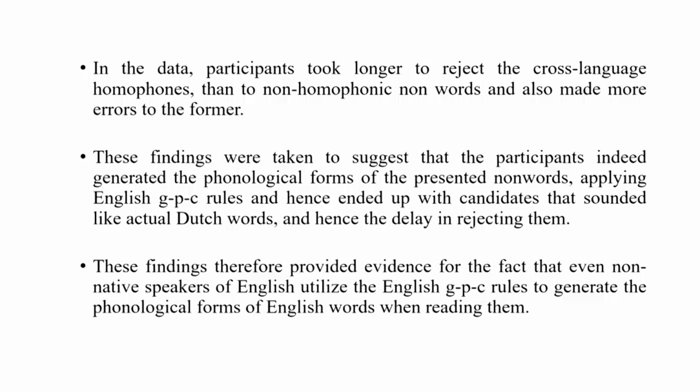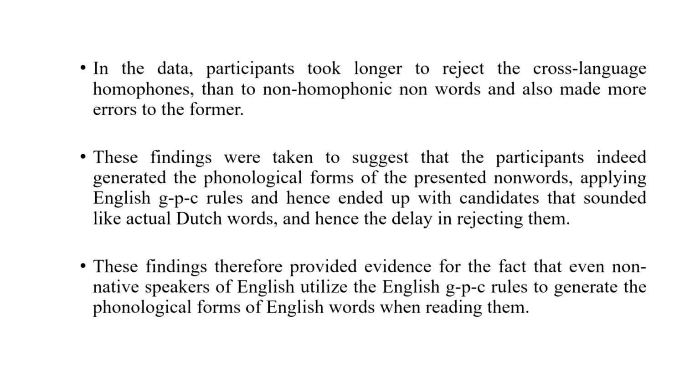If the bilinguals are phonologically activating words from the non-target language, it would become slightly difficult to say no to words like snee and rook, because they are similar to words in the bilingual's first language, which is Dutch. Exactly, in the data, participants took longer to reject the cross-language homophones than non-homophonic non-words, and also made more errors on the former.